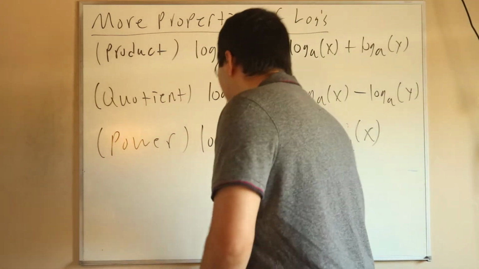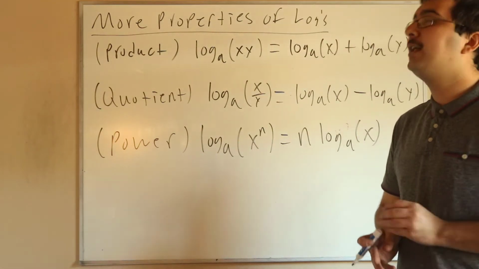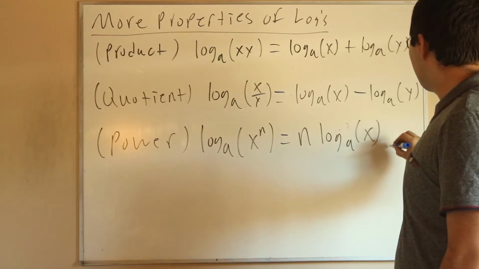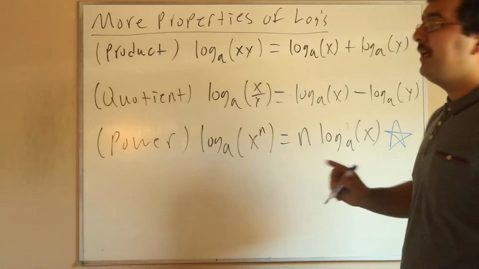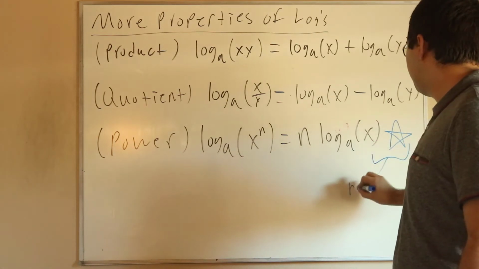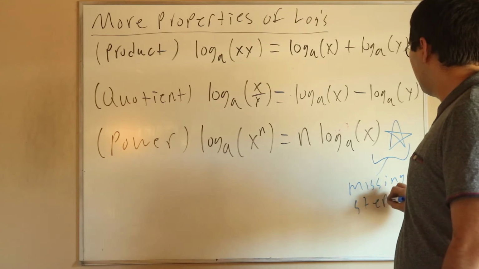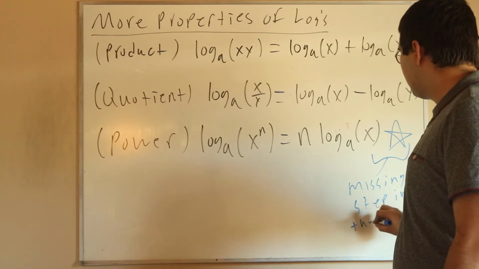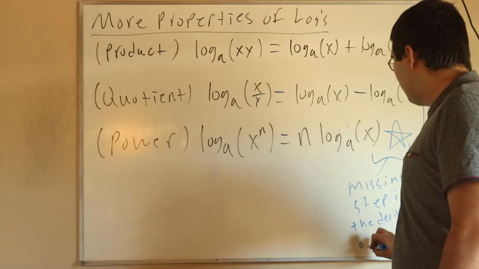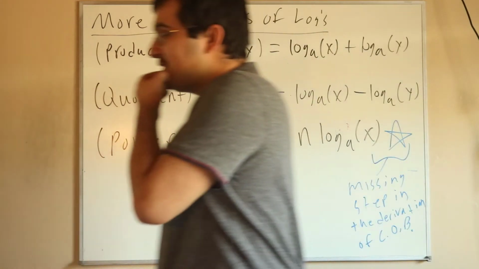And actually, to reference back to our derivation of the change of base formula, that missing step, step 3 I talked about, was an application of our power property. So this was that missing step in the derivation of change of base.